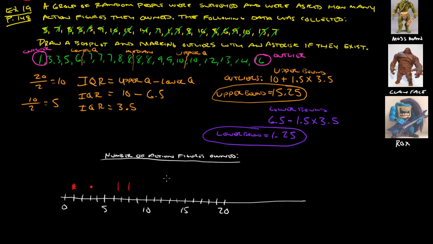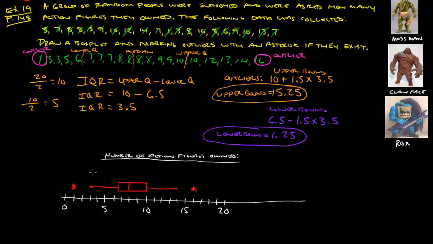Here's our median. Our upper quartile is at 10. The upper end of our whisker is at 14, so there's our other whisker, and then we have an outlier at 16, so we'll make another asterisk there at 16. So then to draw this, we just make a box out of these, connect our whiskers, and that is our box plot, our box and whisker.